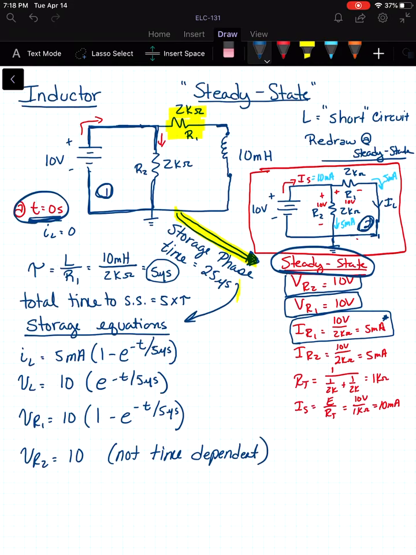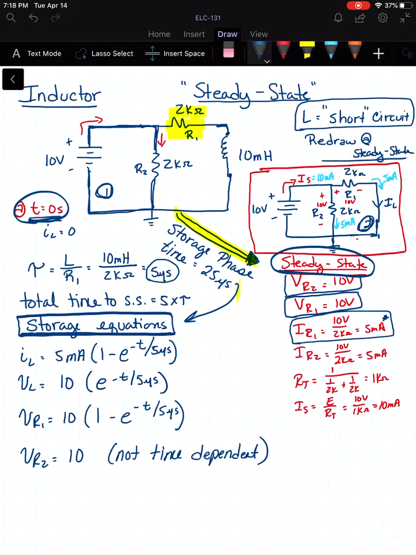So that's the steady state. Whenever you want to know about what's going on in the steady state, you would need to redraw your circuit with your inductors, if there's more than one, looking like a short circuit. The storage equations describe what's happening after you close the switch up to the point where you reach steady state.